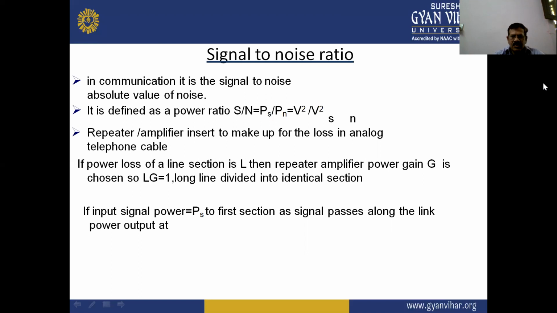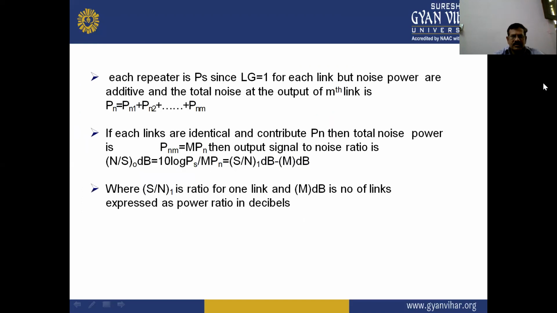A long line is divided into identical sections. With input signal power Ps to the first section, a signal passes along the link and the power output of each repeater is Ps, since LG equal to 1 for each link, but noise powers are additive. So the total noise power is Pn equal to Pn1 plus Pn2 and so on. If each link is identical and contributes Pn, then the total noise power is M times Pn.